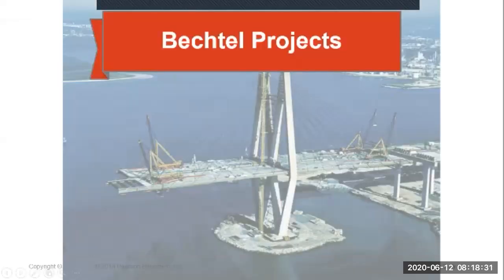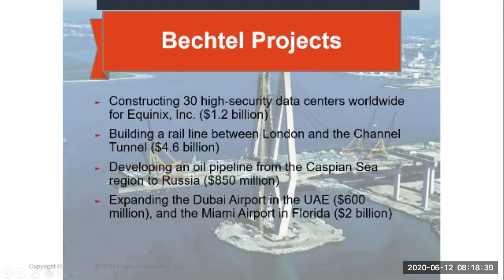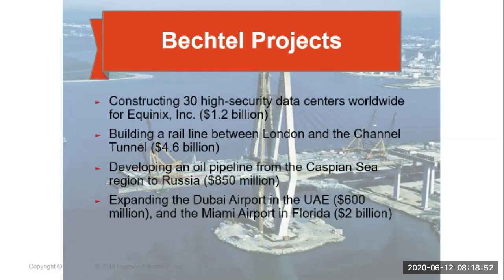So this is one company that has a lot of projects and is known worldwide. Usually project management is mainly used in construction companies, but project management tools are not necessary only for constructing a building or construction area.